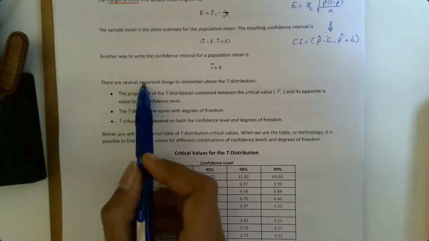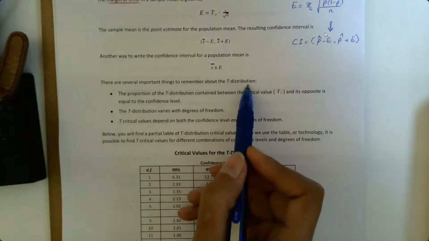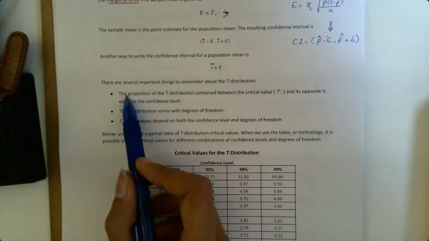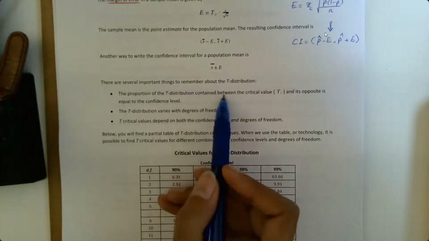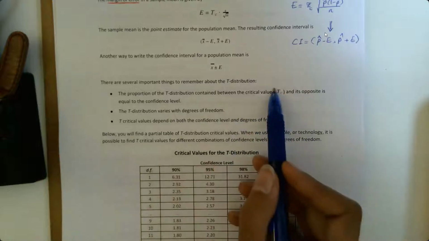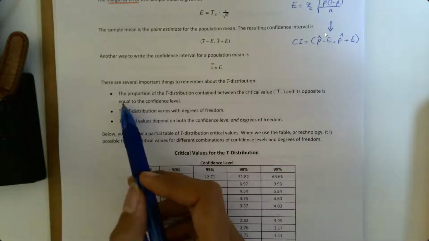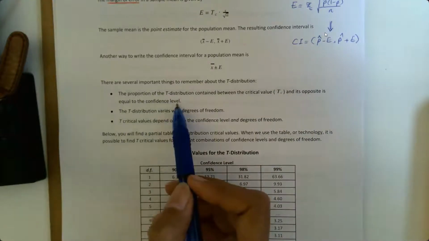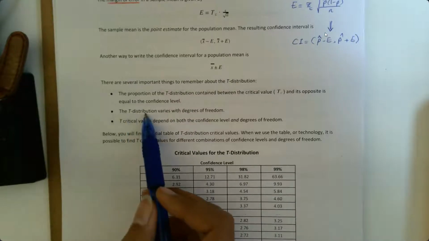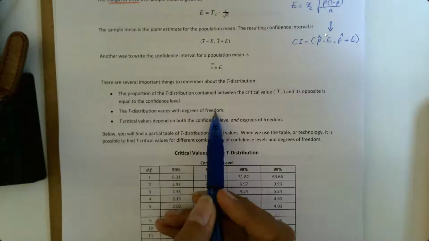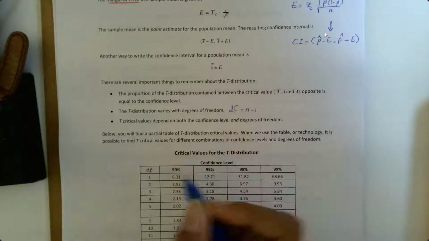There are several important things to remember about the t distribution. The proportion of the t distribution contained between the critical value t sub c and its opposite is equal to the confidence level. The t distribution varies with degrees of freedom. Again, recall that degrees of freedom is n minus 1.